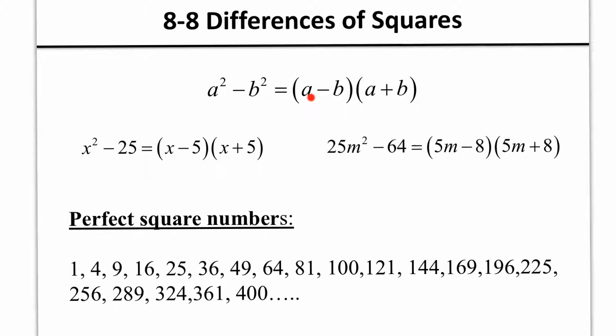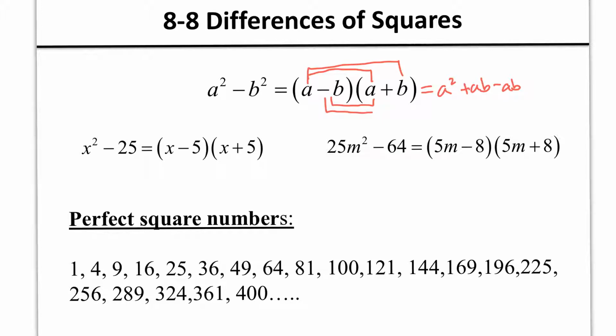So if you multiply these two right here, you will get this back. If you're not sure, I'm going to show you here in the video. When you multiply, you will get that polynomial back. We distribute a times a, and that's going to be a squared. We multiply a times b, that's positive ab, and then negative b times a is negative ab. You put the variables in alphabetical order.